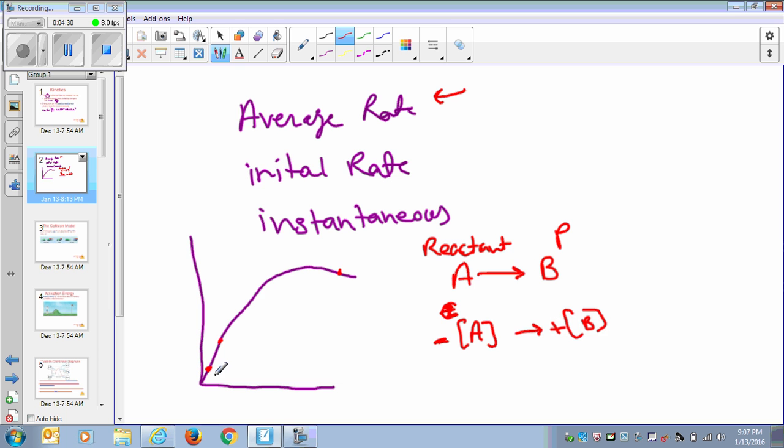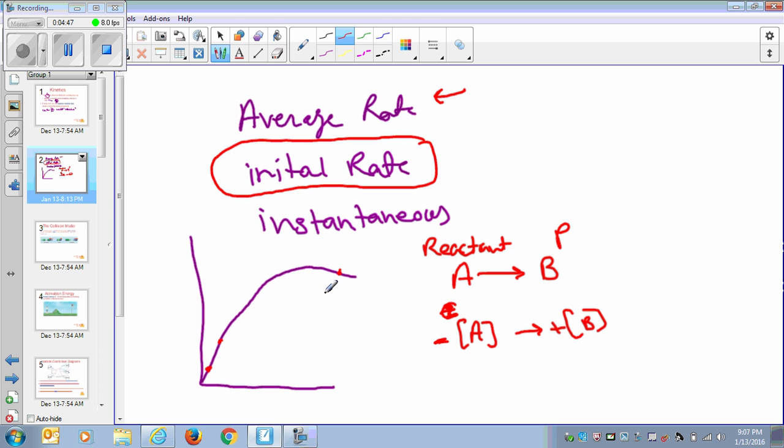It's not fair to just depend on the initial rate of reaction. So the best way is to calculate the instantaneous rate of reaction, which is the rate of reaction at any point on the line.